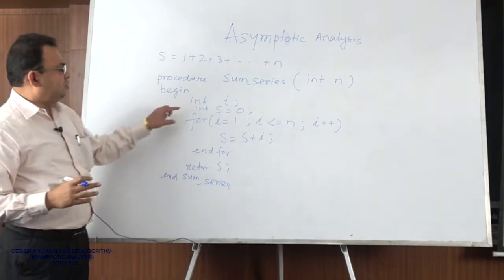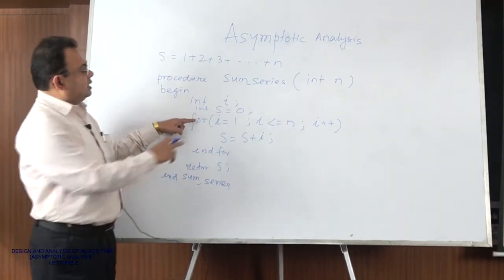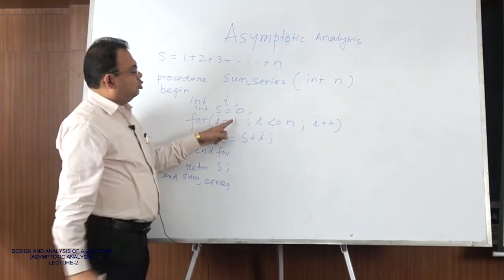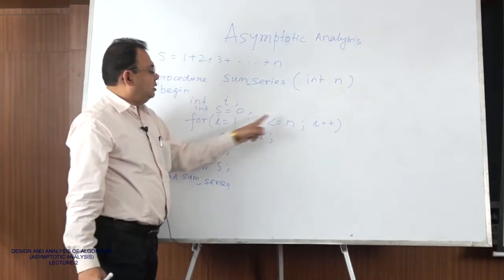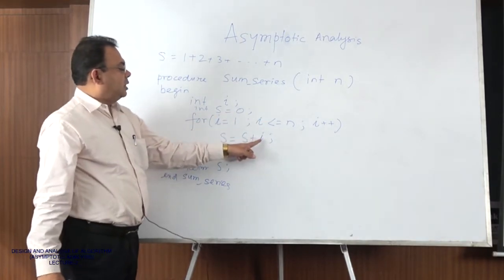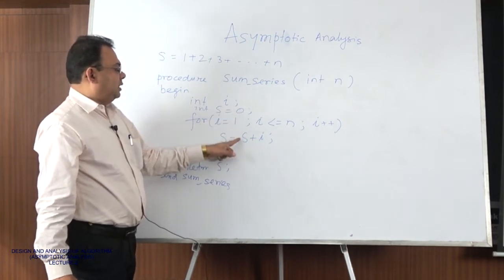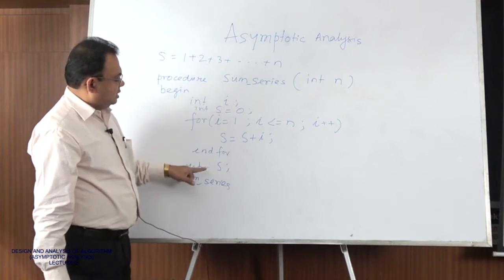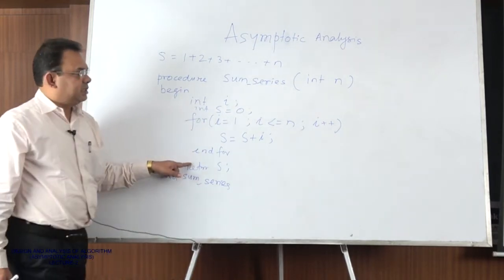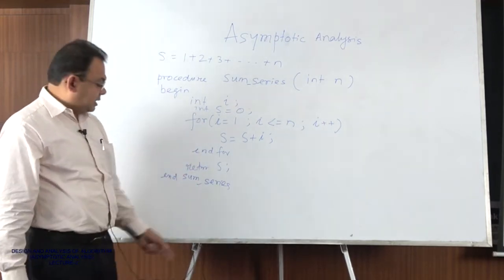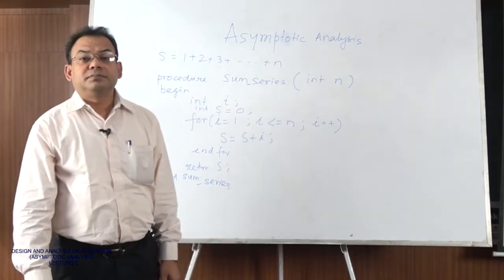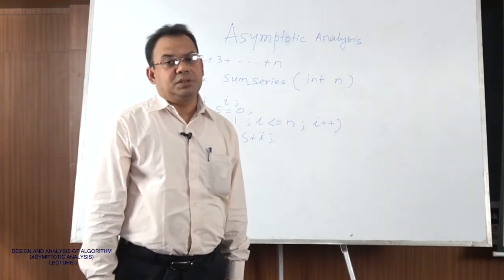It is very intuitive that there is an iteration, a loop starting from 1 to n, and every time the value of i is added to s, which starts at 0, and at the end it returns the result. Now let us analyze this algorithm to decide how much time it will take.